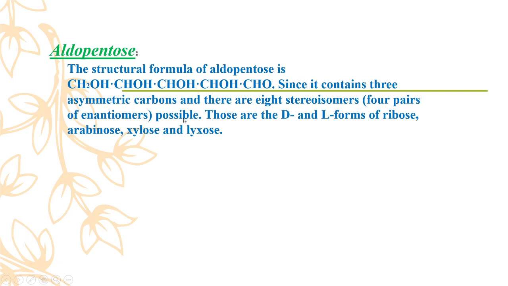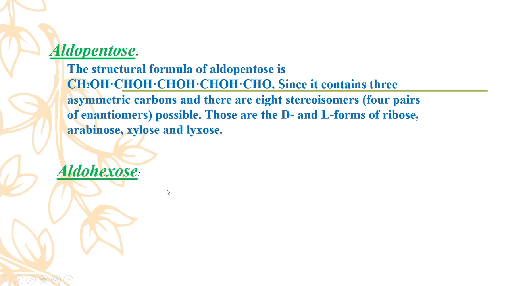Later on we will see the structures for these aldopentoses. The structural formula for the aldopentose is CHO, CHOH, CHOH, CHOH and CH2OH. That means these 3 carbons are the chiral carbons.